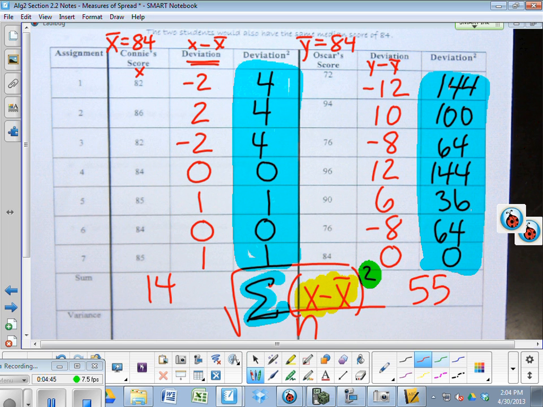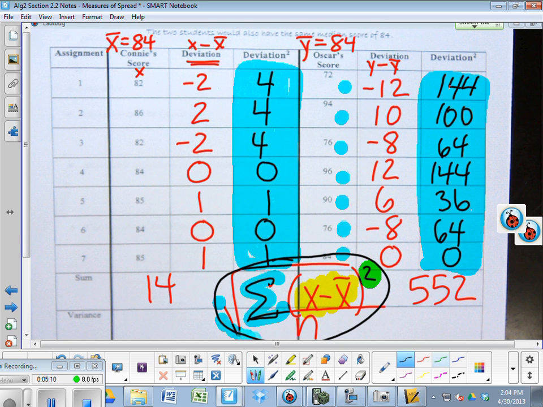Put that number over here next to my formula. Remember, this is the formula that we're working with. Finally, we divide by how many data items there are. Since this is the entire sample, we're going to divide by all of them. How many are there? Wait a minute. Let's read the top again.